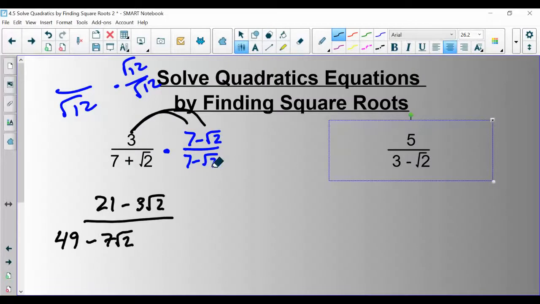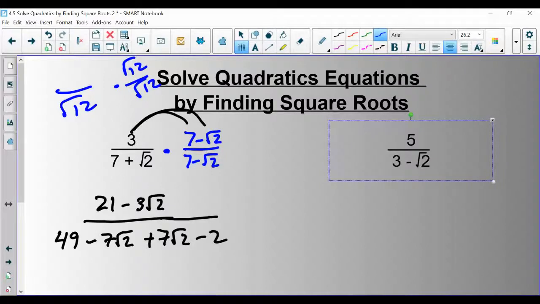Right? 7 and root 2 are not like terms. We can't multiply them other than just writing them together. This one's a positive 7 times root 2, so it's going to be plus 7 root 2. And then we have to do root 2 times negative root 2. Remember, root 2 times root 2 is just going to be 2. It just gets rid of the root. One's positive and one's negative, so it's just going to be minus 2.